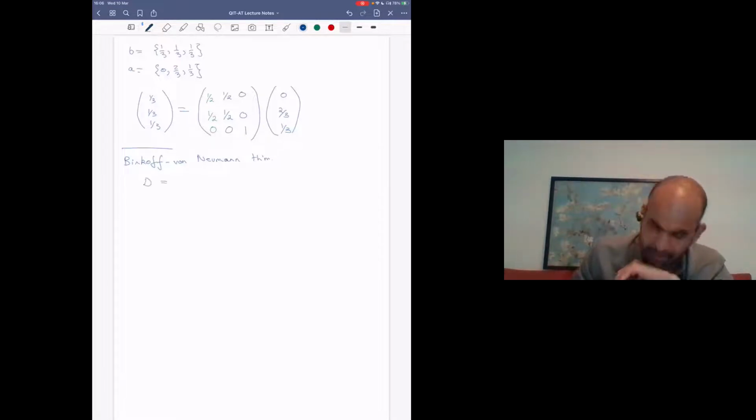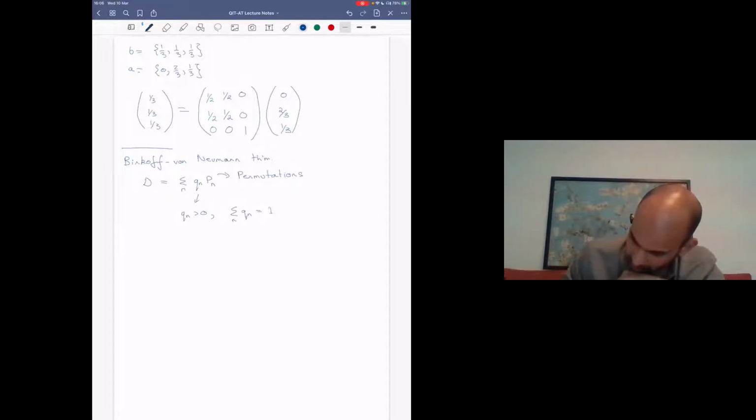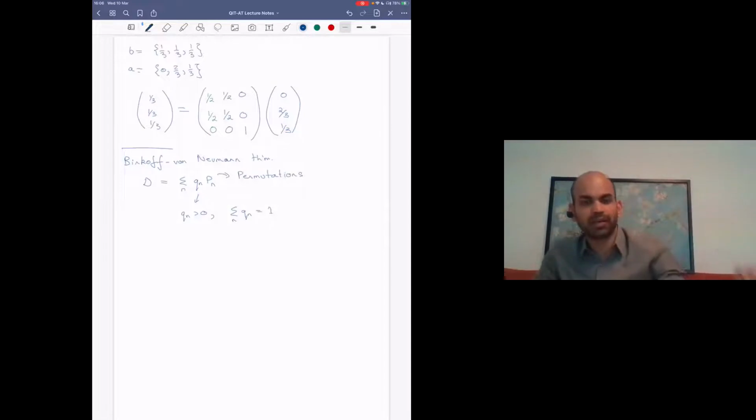So every D is given by a sum over n of q_n P_n, where these are permutations. And this is a convex combination, which means that q_n is greater than or equal to 0, and the sum over n of q_n is equal to 1. This is the same as saying that q itself is a valid probability distribution, which is also the same as saying that you can do a doubly stochastic transformation with a particular probability picking out of a set of permutations.